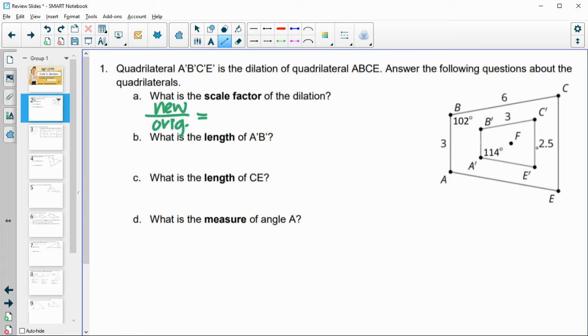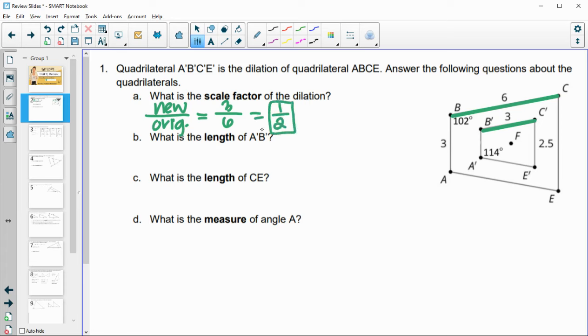We see that we're given side C prime, E prime, but not CE, so we won't be able to use that. But we are given B prime, C prime, and also BC. So then we can do the new or the prime measurement, which is 3, over the original measurement, 6, and we get our scale factor as 1/2.